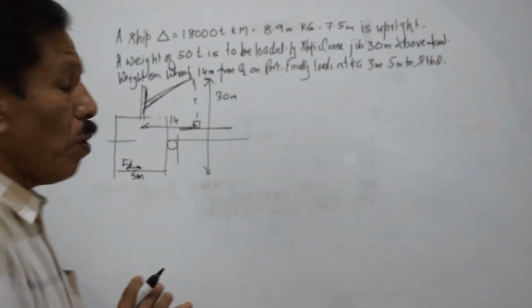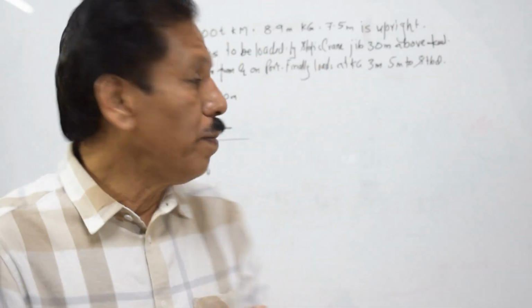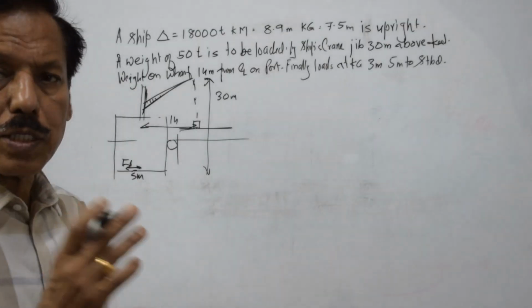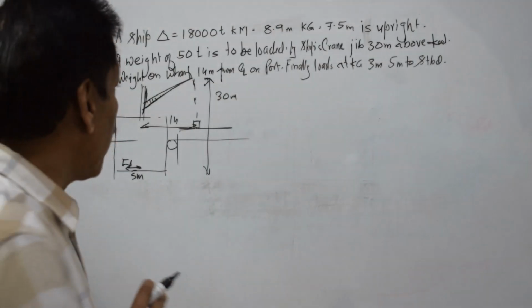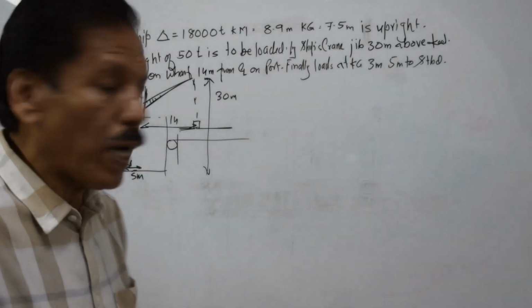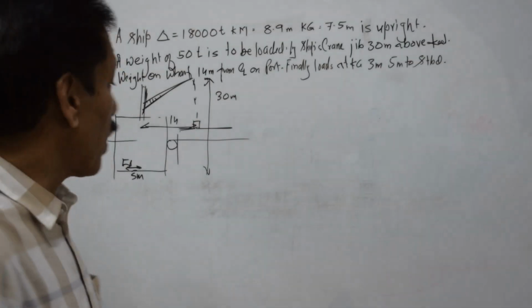Now we must understand that when the weight is hanging by the ship's crane, the weight suddenly moves over to the tip of the crane, that is the jib of the crane. As soon as it is lifted even by a centimeter, the weight is shifted to the tip of the crane.